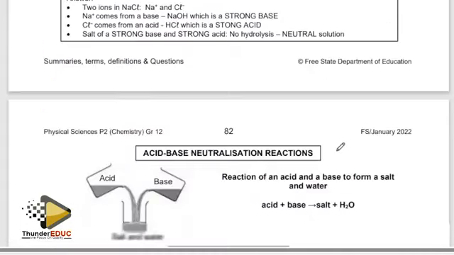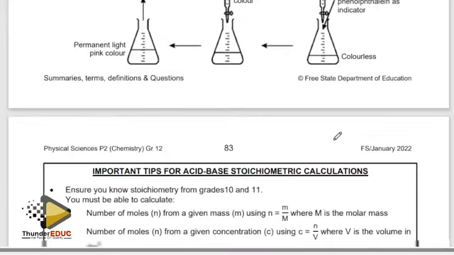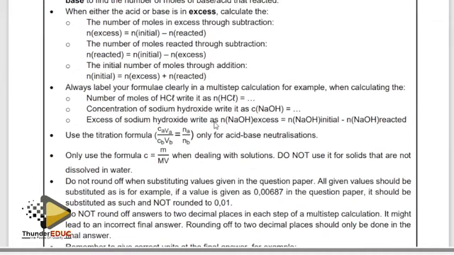Then calculation is also simple. You know how to use this. Whenever they give you, find the number of moles of this, find the number of moles of this, and then when you fill in, only one part is supposed to be replaced. So make sure that you know how to manipulate that.